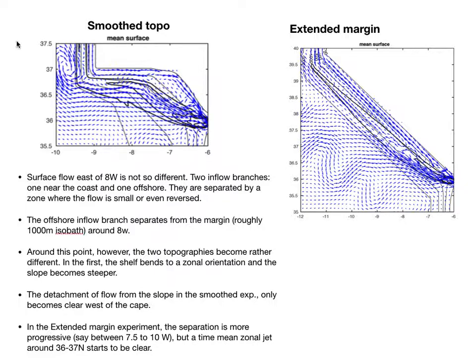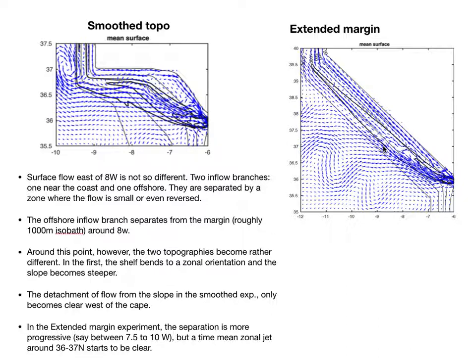We have mainly two inflow branches, one close to the coast and one more offshore in both cases. And we also have the development of an offshore flow in both cases around 8 West.